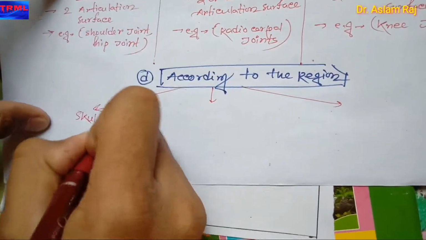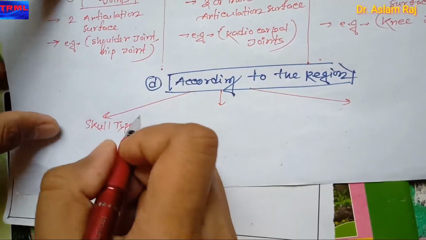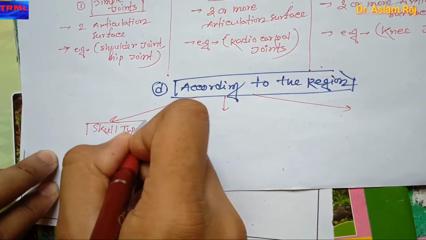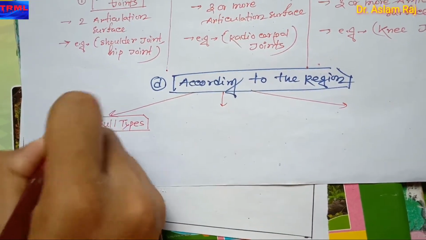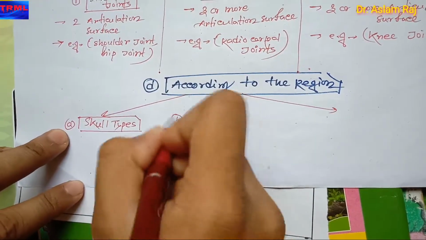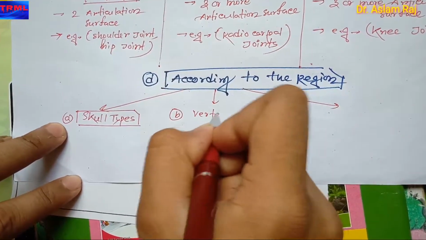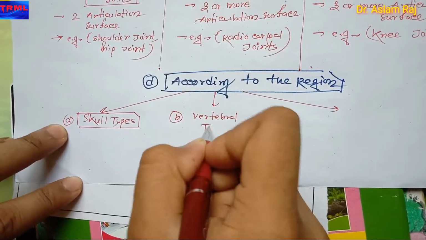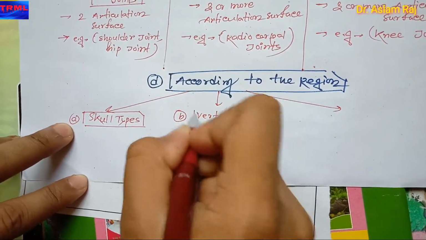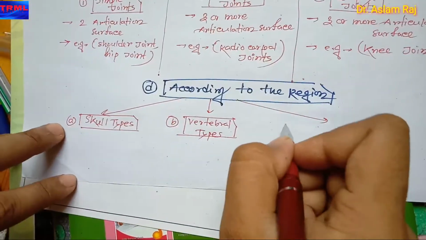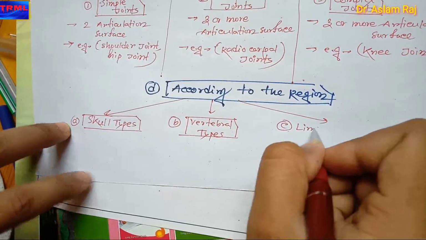The first one is skull type. Skull type joints are present in the skull. Vertebral types are present in the vertebral column. And the third one, limb types.